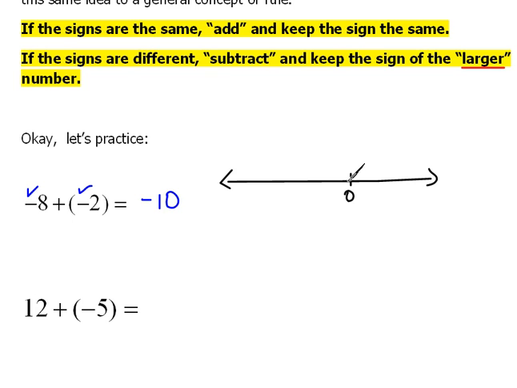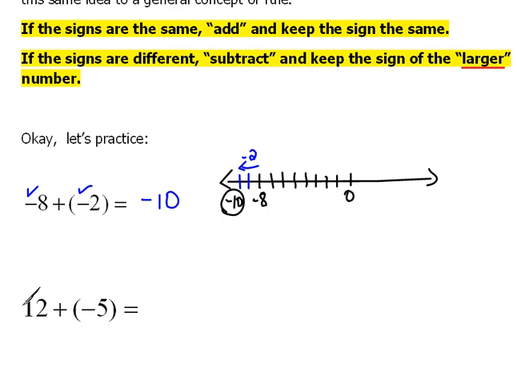If I start at -8, 1, 2, 3, 4, 5, 6, 7, 8, and I go an additional 2 units in the negative direction, we're sitting now at -10. So it does work if we look at it visually, but it also works if we use the rules.